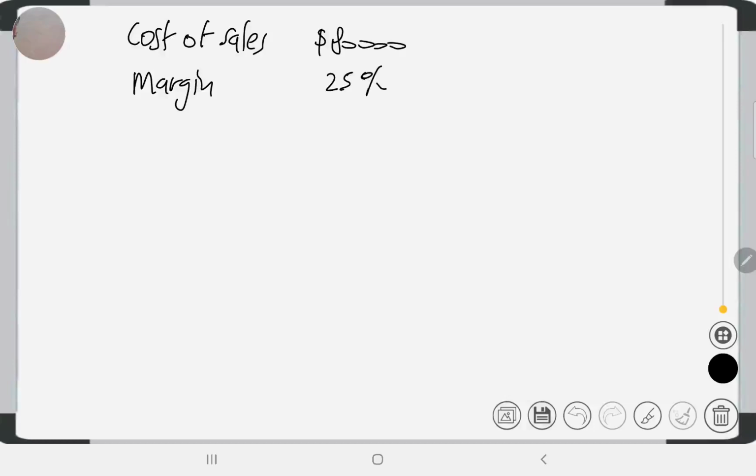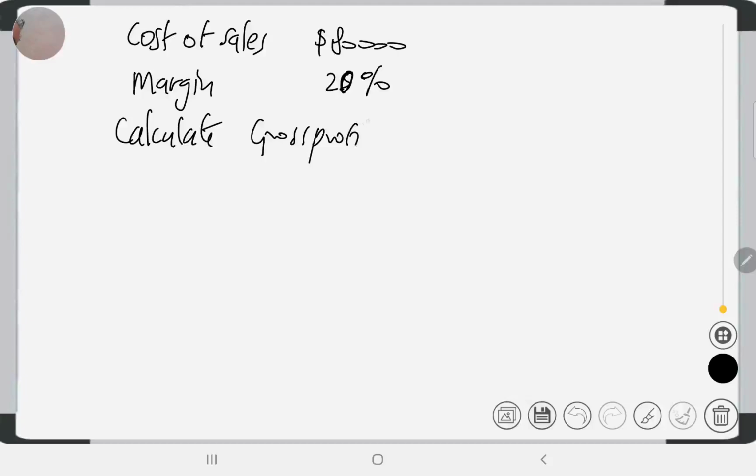Now, let us see cost of sales of $80,000, and we are given margin of 20%. In this case, we have to convert, because margin does not go with cost of sales. We are required to calculate gross profit.